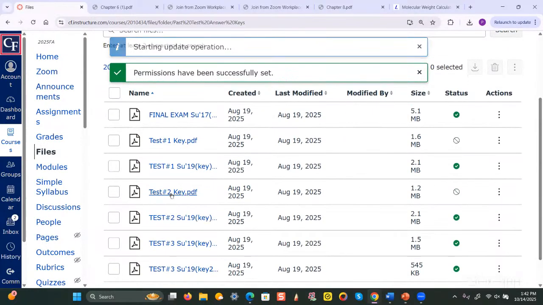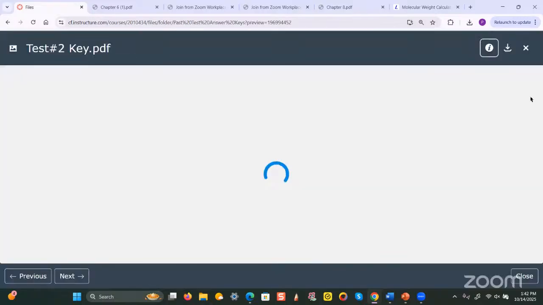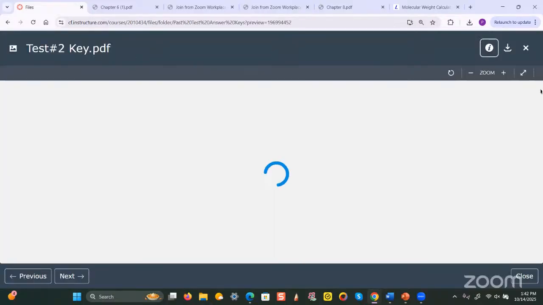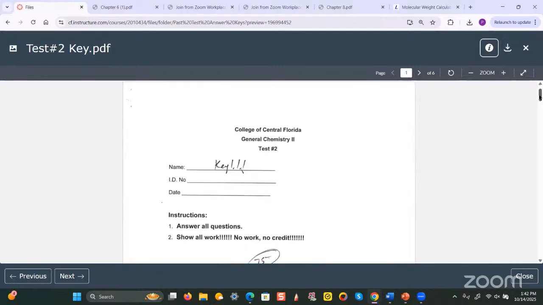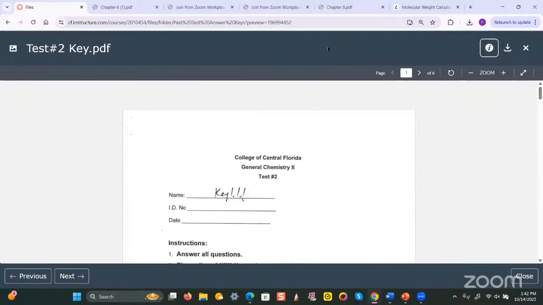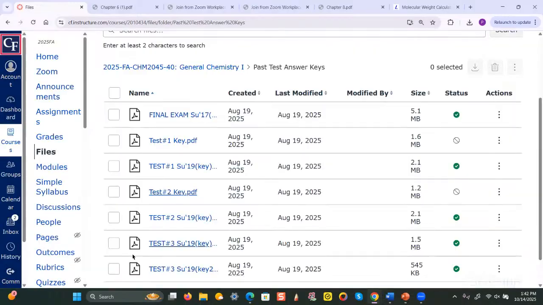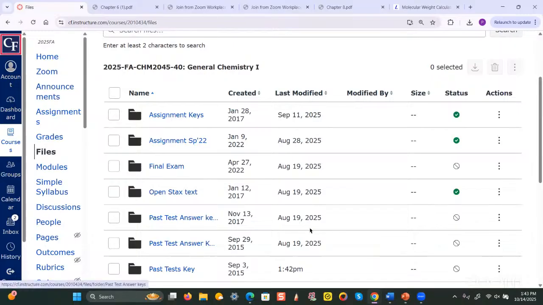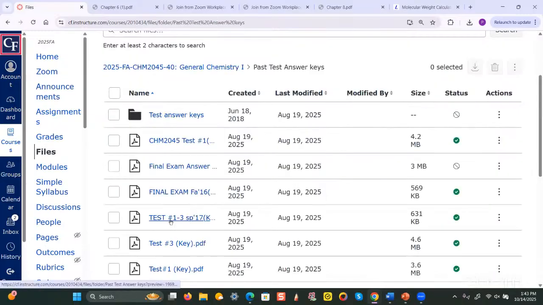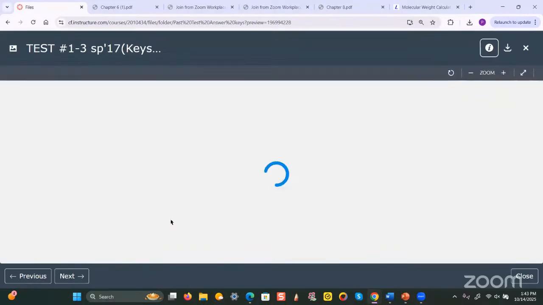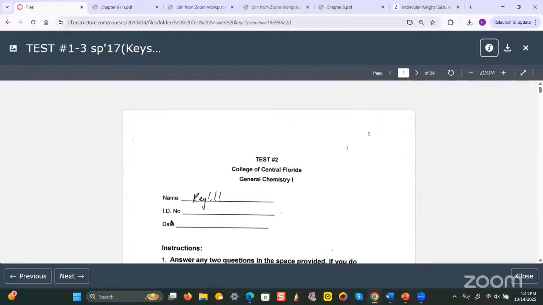Okay, test number 2. No, I came across other stuff. Let's see this one here. Okay, Chem 1 stuff.